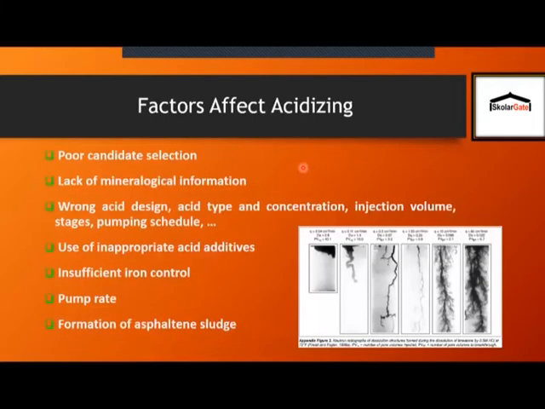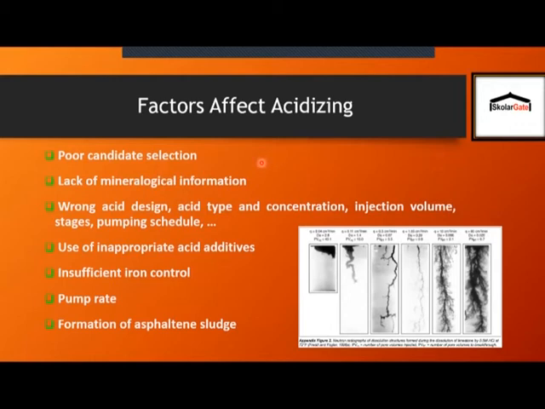The other method that we have is hydraulic fracturing. But before we go to that, we said that we will talk about the factors that will affect each technique. The factors that can affect acidizing include poor candidate selection. For example, if we selected a super low concentration, like 1, 2, or 3% HCl, that's really bad.